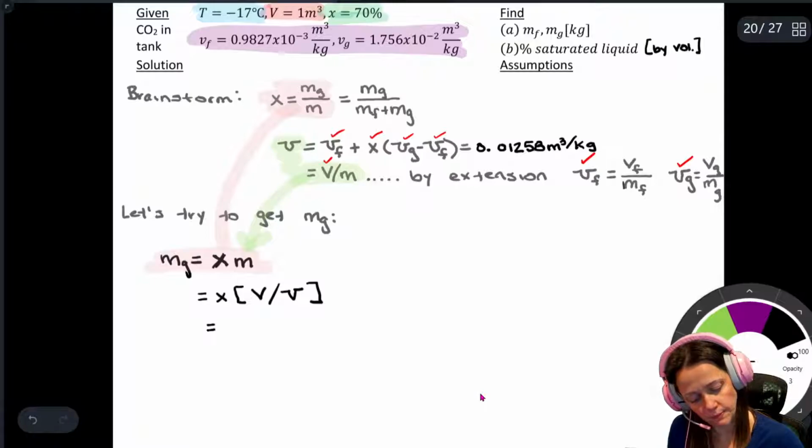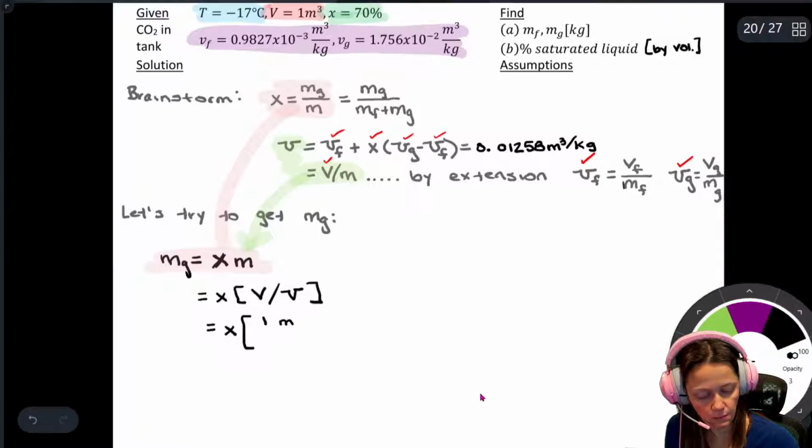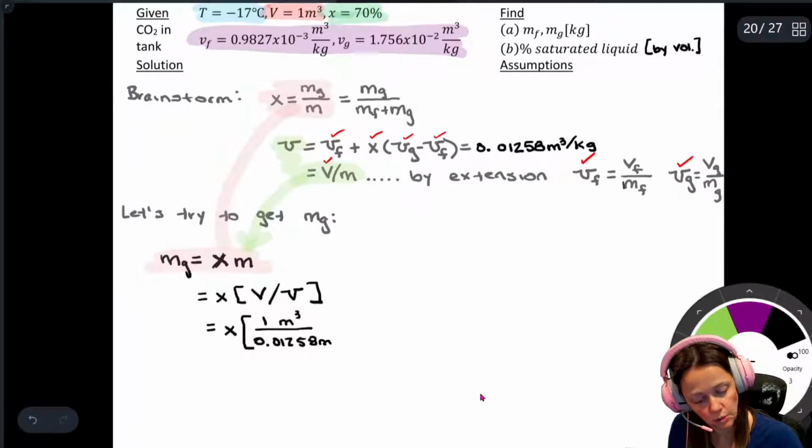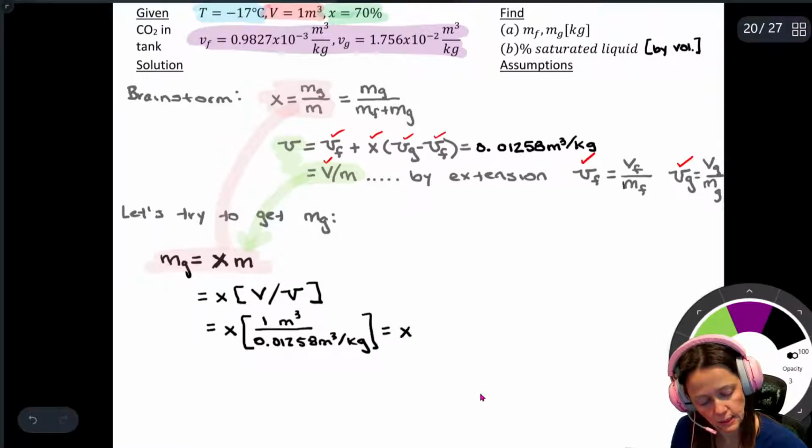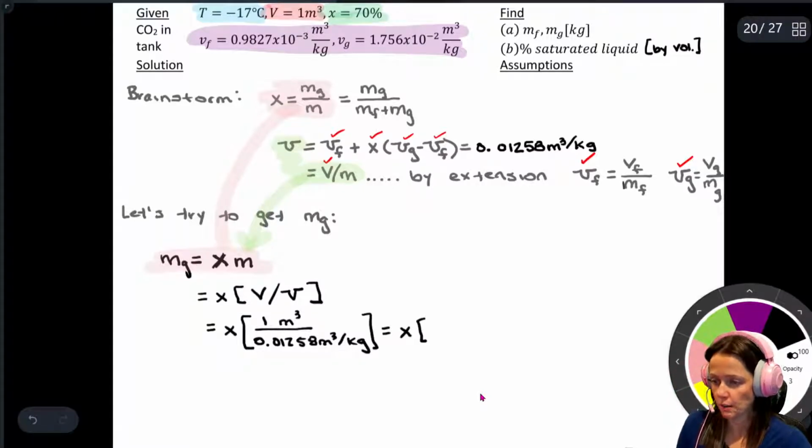Okay. So this would be 1 meter cubed over that total specific volume, which I just calculated, 0.01258 meters cubed per kilogram. So keep in mind, this is my mass. And my mass, if we wanted a number, I do have that, 79.46.